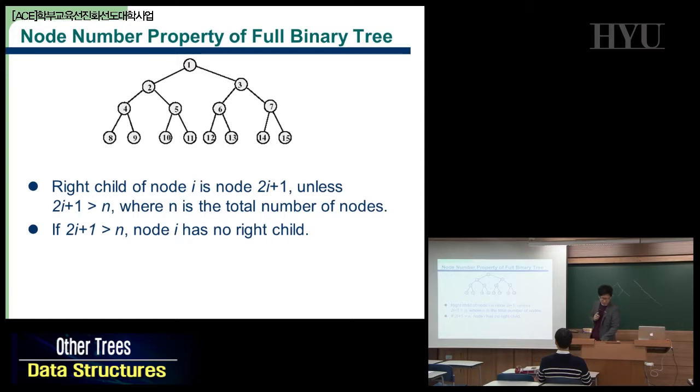So if 2i plus 1 is greater than n, node i has no right child. So it gives you pretty much every condition to implement this tree on top of an array. You just simply follow these conditions.